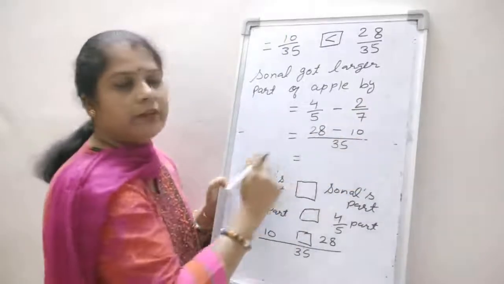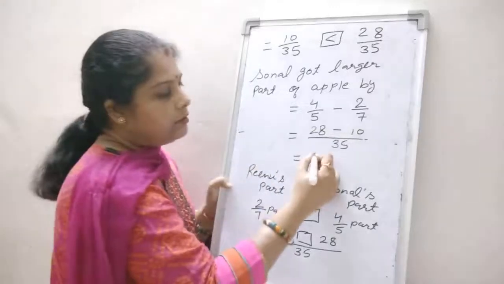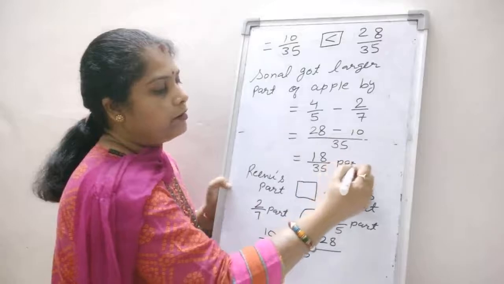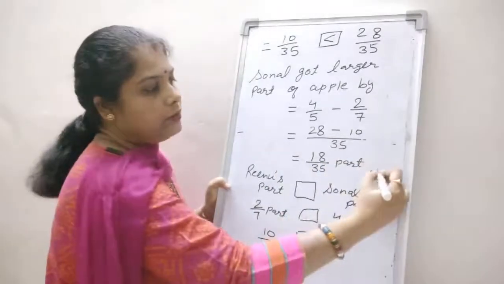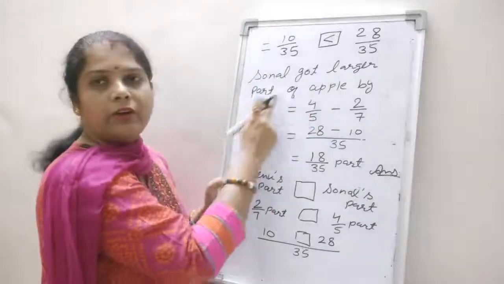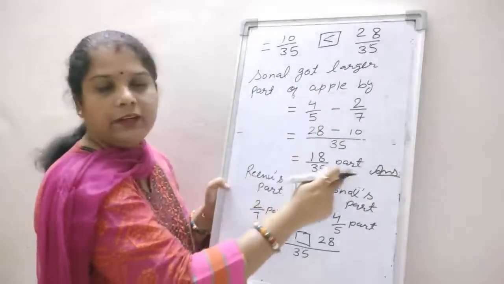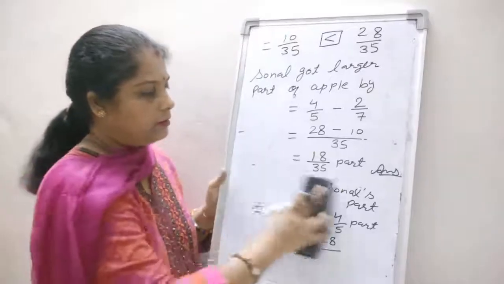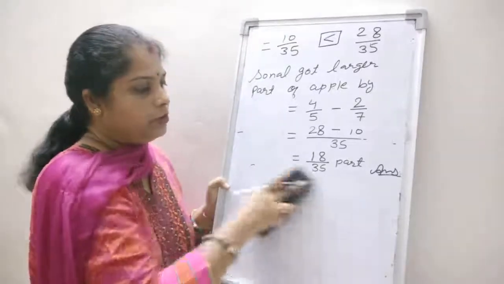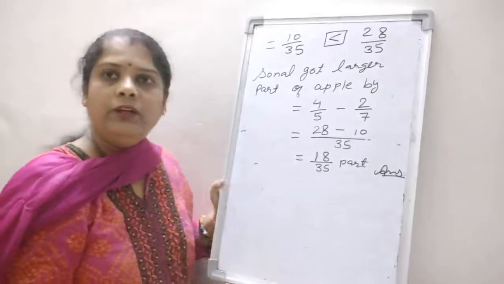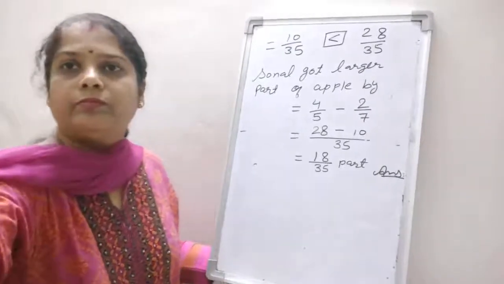Then 28 minus 10 is 18/35 part. So this is our answer. Sonal got larger part of the apple by 18/35 part. So this was the comparison word problem. Now we will do the next word problem.